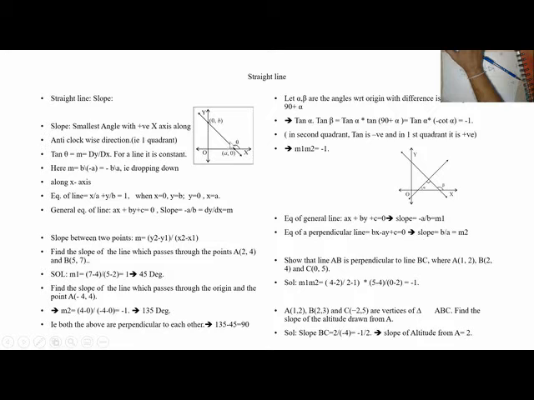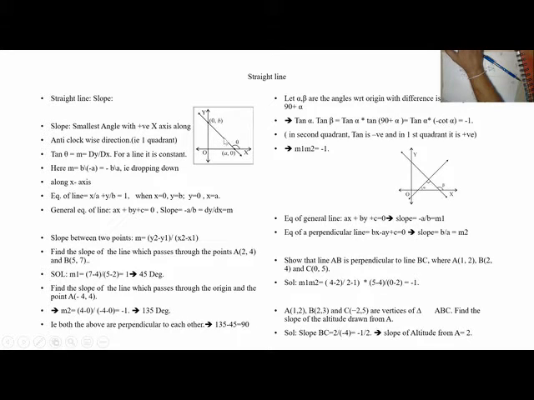But what happens to cos theta? Cos theta is x by z. In the second quadrant, x is negative, because if this is the origin, x goes this side, x is negative and z is positive, so cos theta is negative.